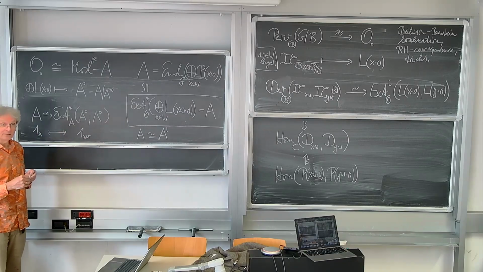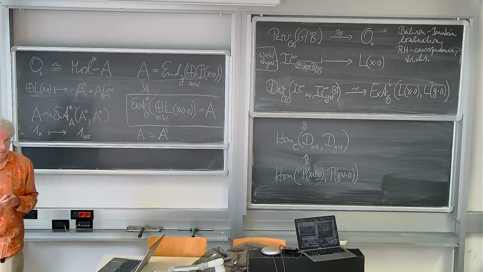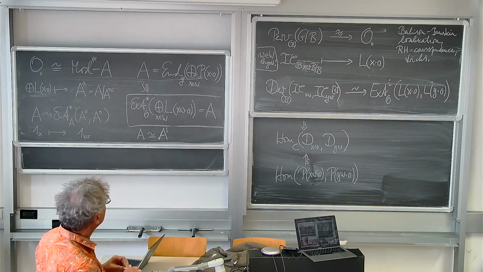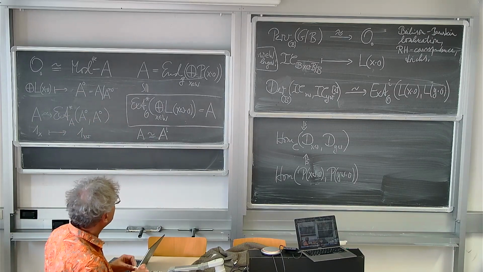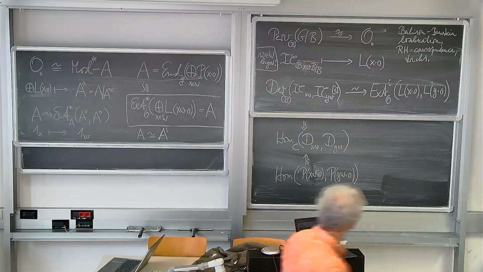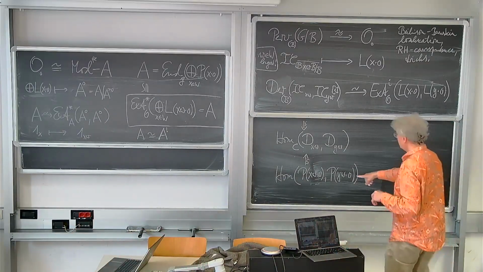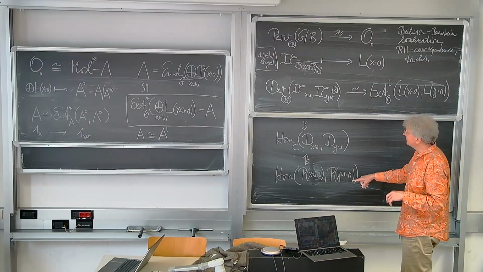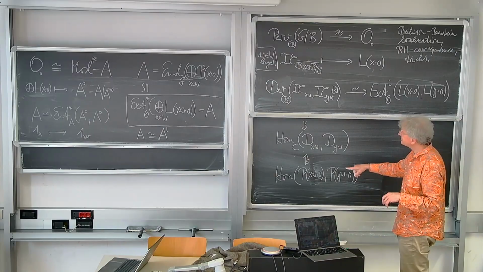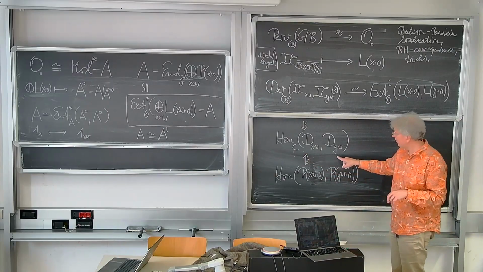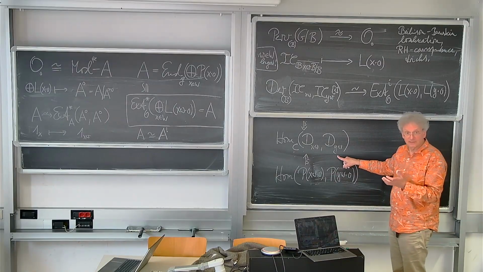Can I ask you a question? On this board, the top board depends on I, and on the bottom board you have no I. So do you mean the bottom board is the sum over I? Yes. Here you have just all homomorphisms of C modules.